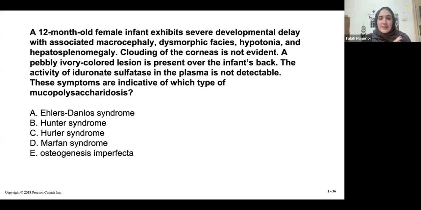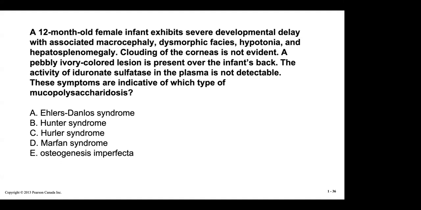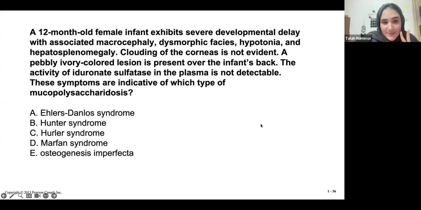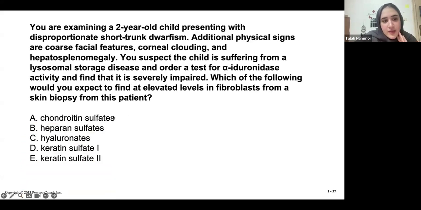These symptoms are indicative of which type of mucopolysaccharidosis? B. We have two hints: first, no clouding of the cornea. Second, the sulfatase is involved. Iduronate sulfatase is Hunter. So it is B.